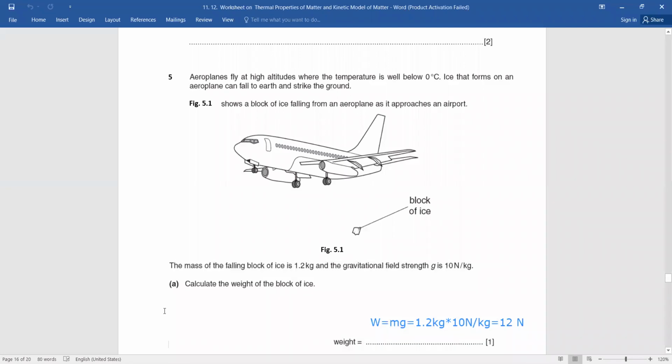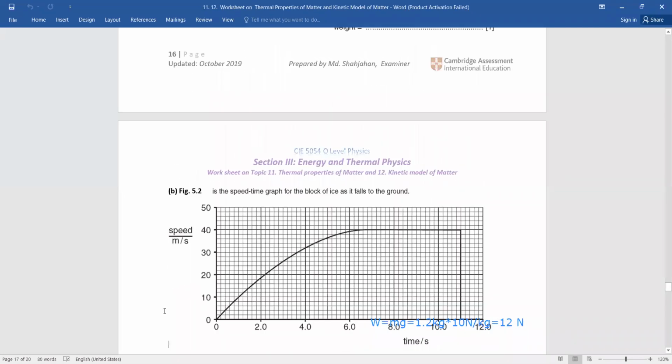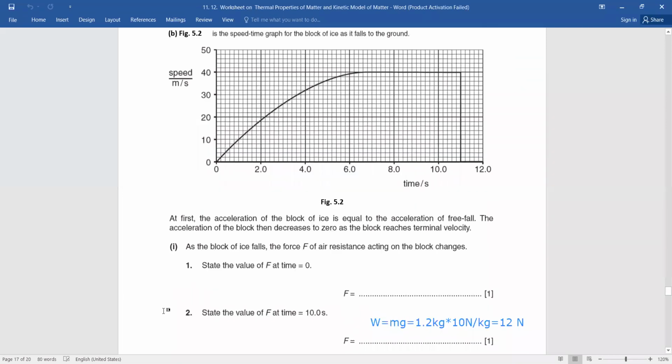Then our next part of the question. Continue, Nubrat, continue here. Part B. Figure 5.2 is a speed-time graph for the block of ice as it falls to the ground.